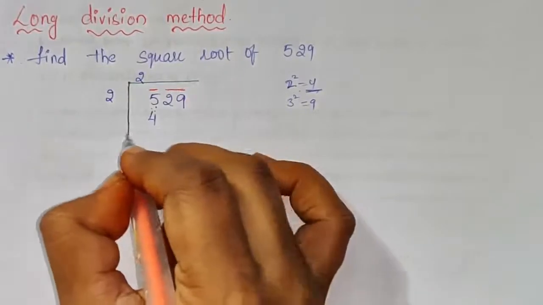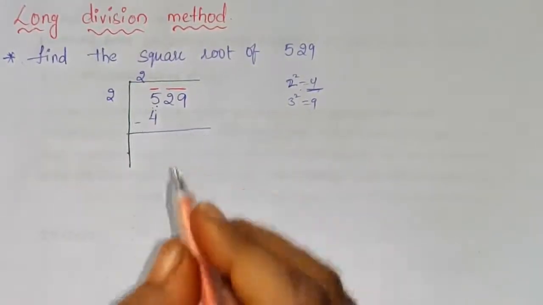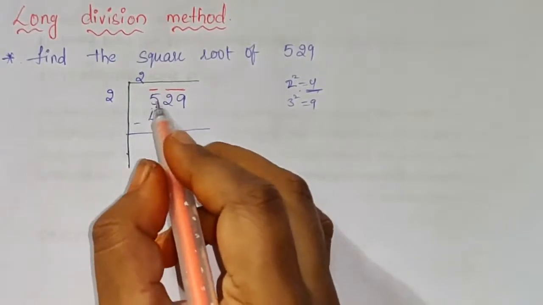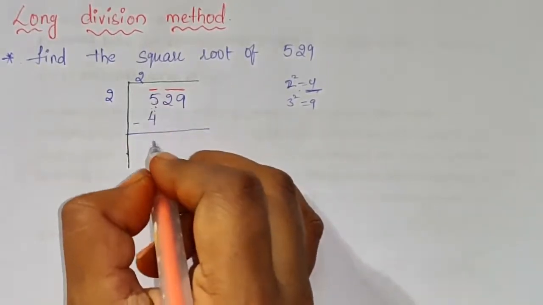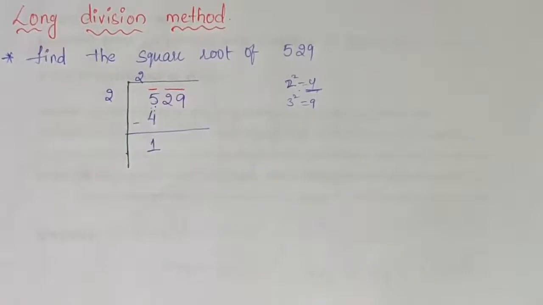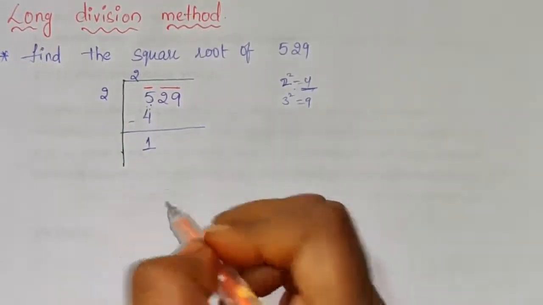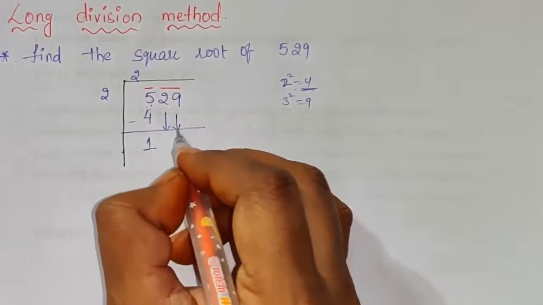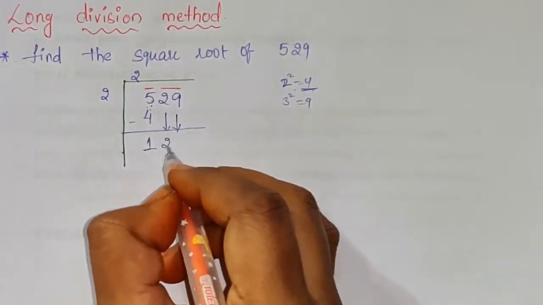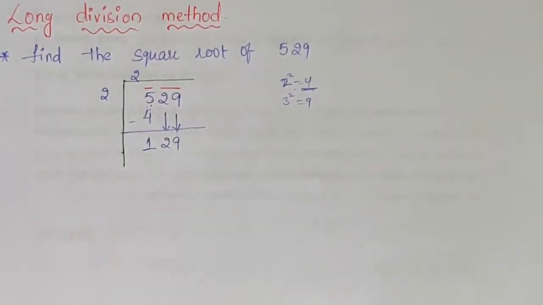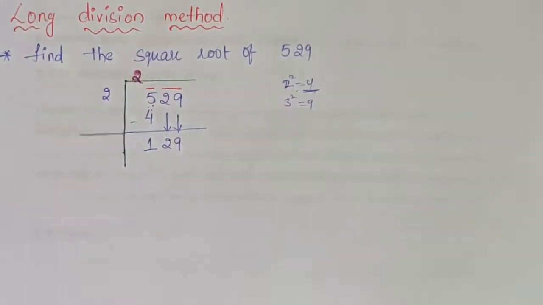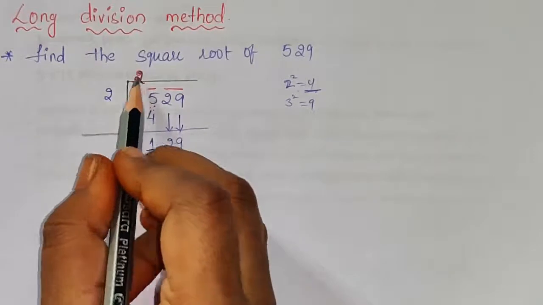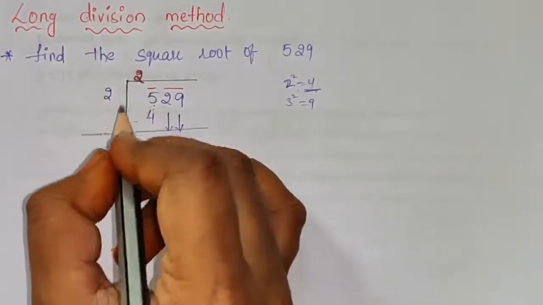This I am keeping here. As in normal division, we need to subtract these two. 5 minus 4 is 1. Now, as in normal division, we take down these two numbers, so it becomes 129. Now put this quotient in the divisor and add it.